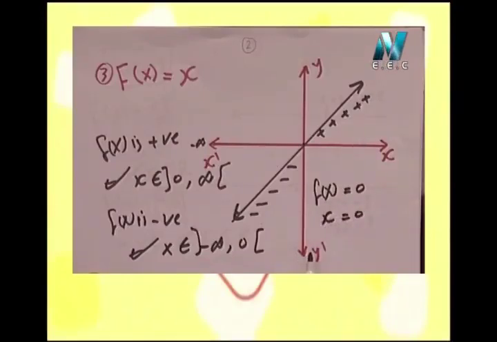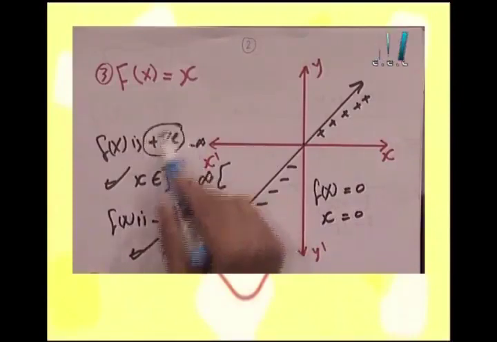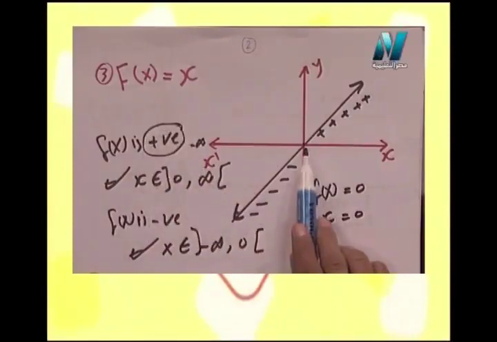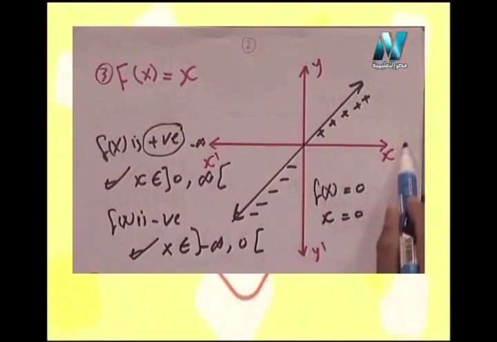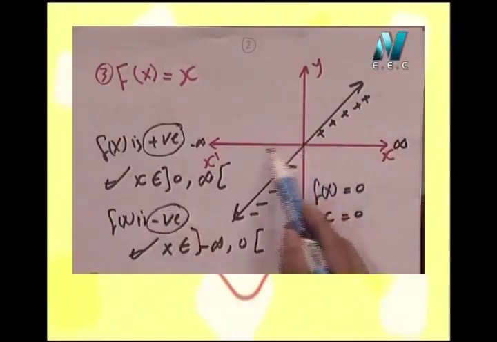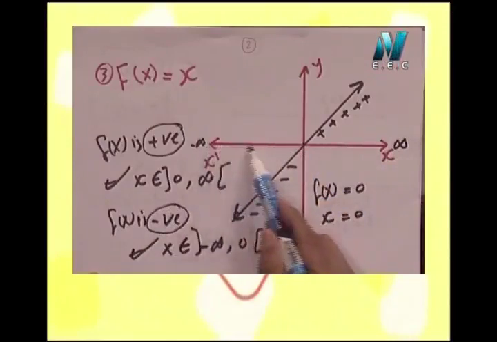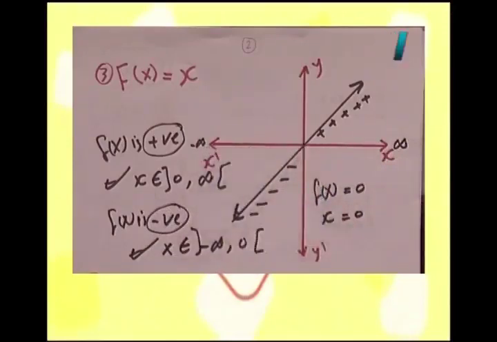So this function is positive for x from after 0 to infinity, negative for x from negative infinity to 0, and equal 0 at x equals 0.